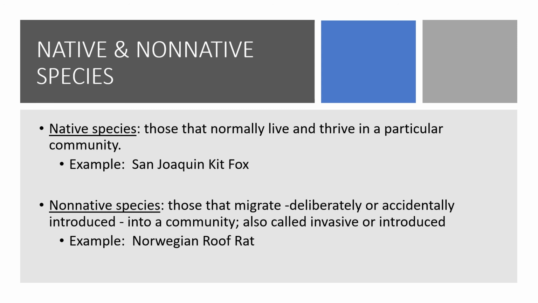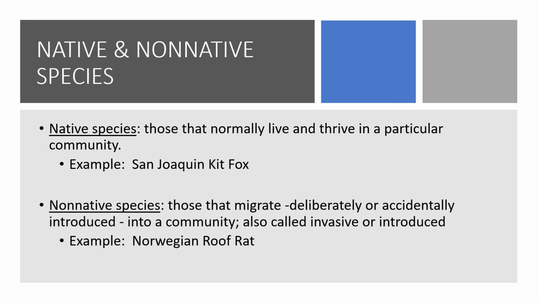So Norwegian roof rats, you may have seen these before. They are in Fresno. Norwegian roof rats did not evolve in the United States. Thus they're called Norwegian, right? They evolved in Norway and Europe. They think that they got onto ships and then hopped out all around the world.